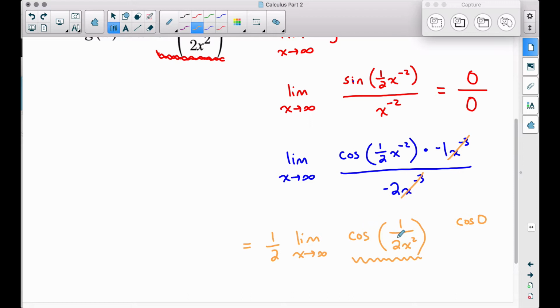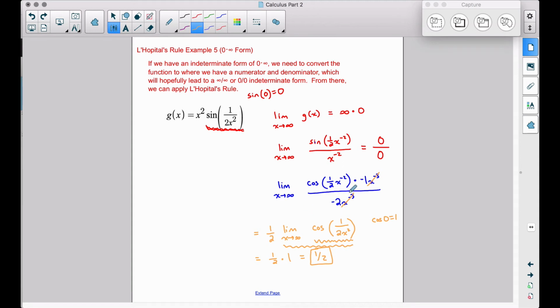The cosine of 0, that's equal to 1. So the limit as x gets really big of this thing is just 1. And therefore 1/2 times this limit that we found here to be 1, our final answer, 1/2 times 1 is 1/2. And now let's verify this answer over in Desmos.